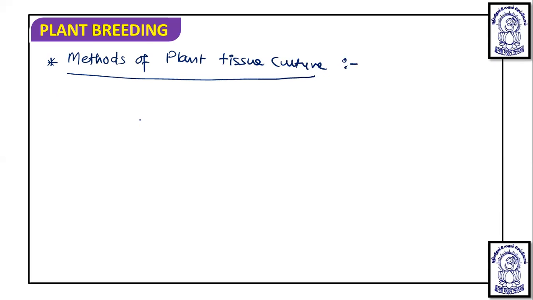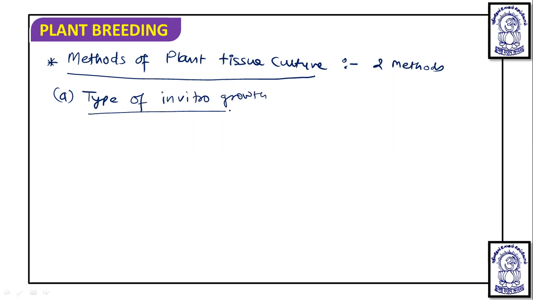Now after this sterilization, we are going to talk about the methods of plant tissue culture. It has two methods.